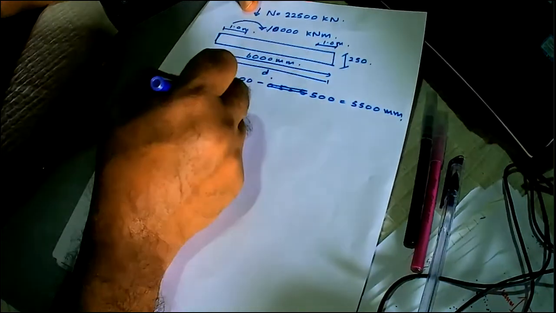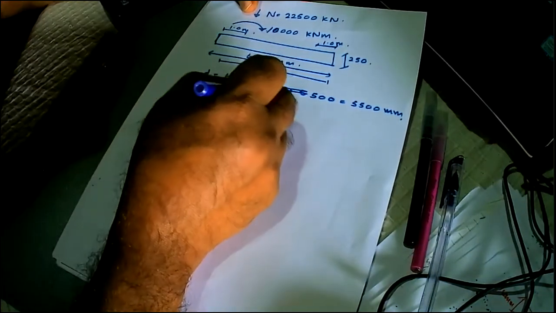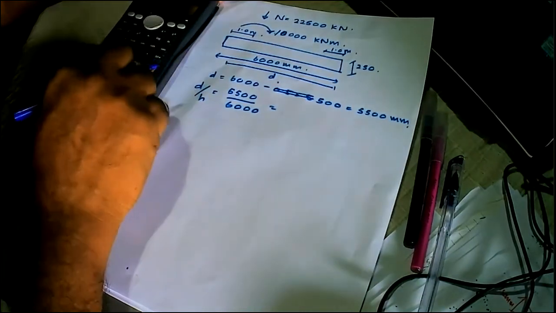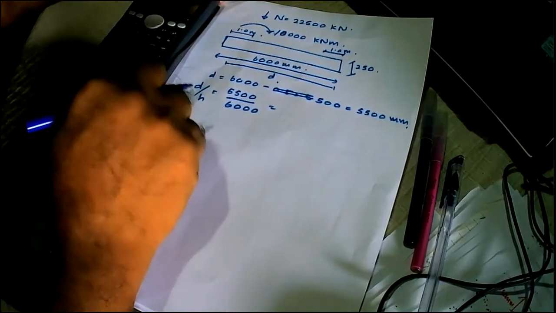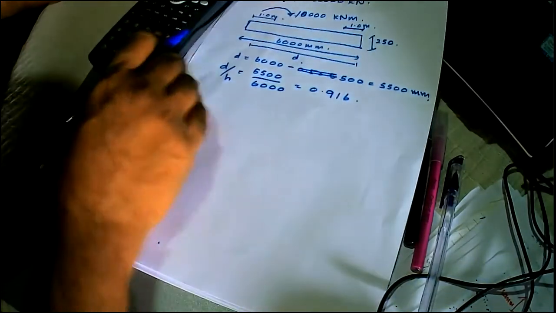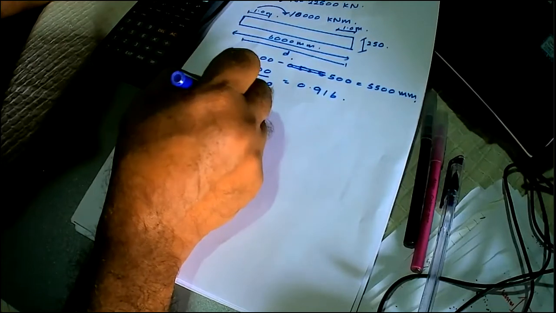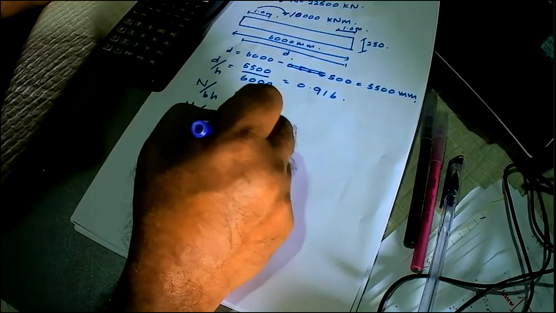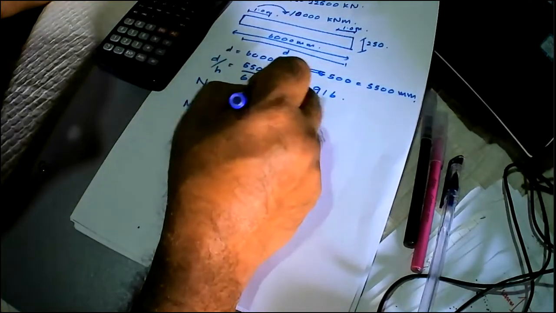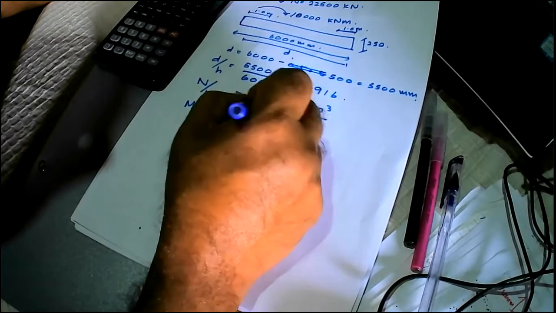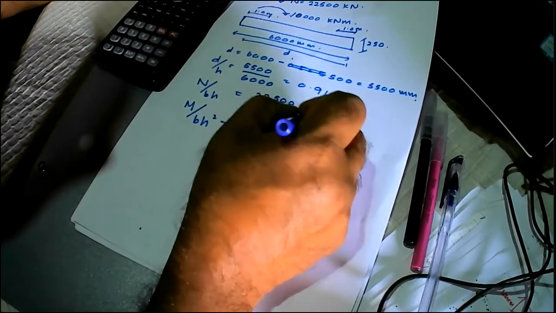Then you can find the D over H ratio, 5,500 divided by 6,000, and you will end up with 0.916, right? So what you can do is, we can find the N over BH value and M over BH squared. N is 22,500 times 10 to the power 3 divided by 250 multiplied by 6,000.